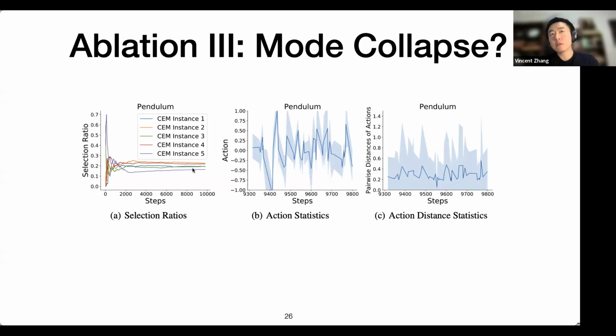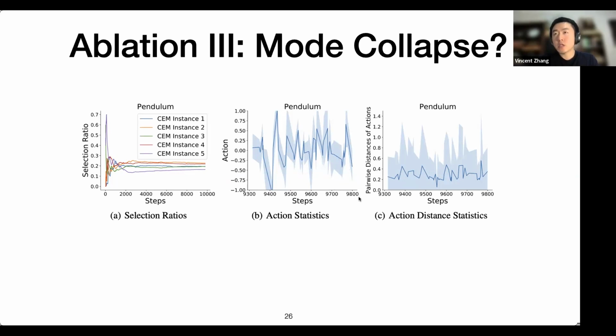And so they don't collapse. Each instance, as we see here, has some chance of being selected. And if we look into the action statistics shown in the center, the line is the mean and the shaded region is, I think, the mean and max.